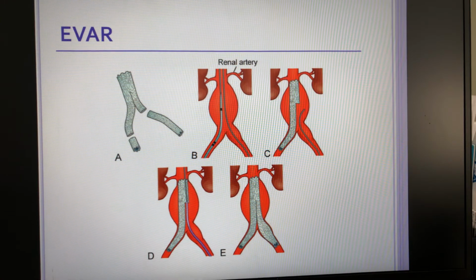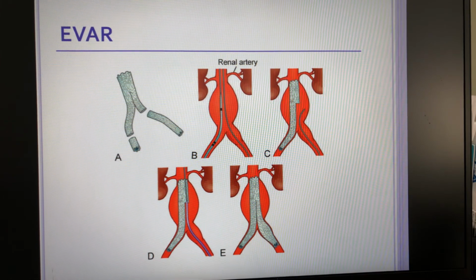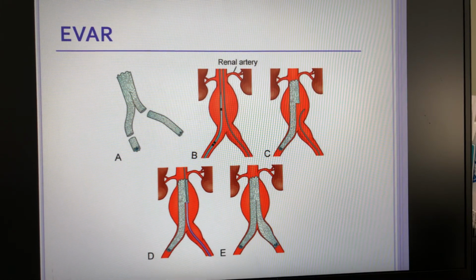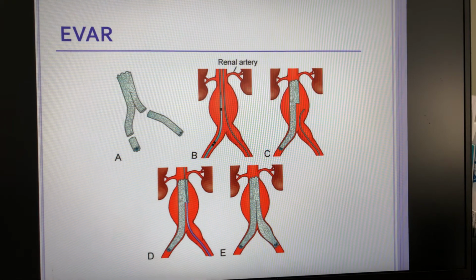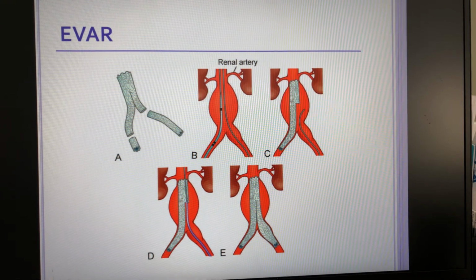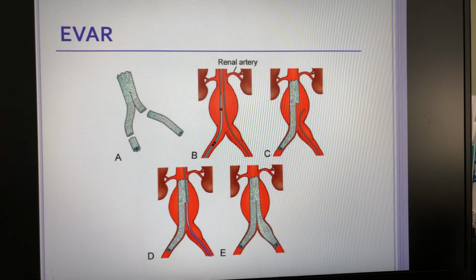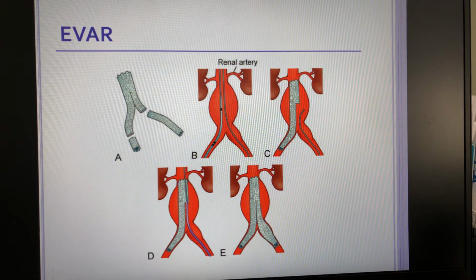In illustration D, a second stent graft can be inserted in the contralateral or opposite vessel if necessary. And finally, in E, it shows a fully deployed bifurcated stent graft.